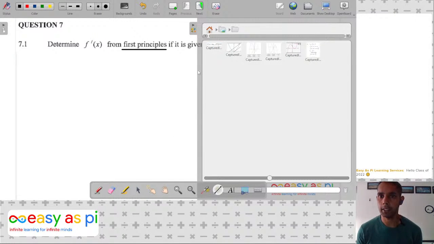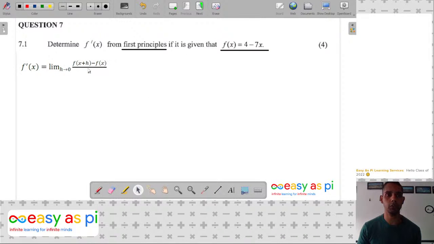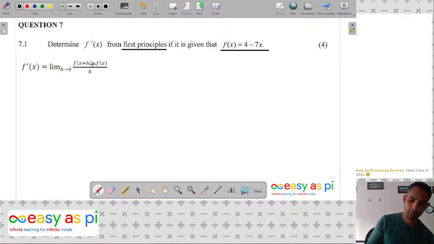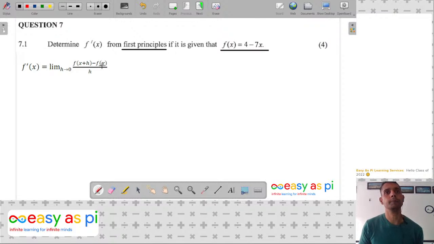If I bring out the formula, hopefully by now you should know that first principles uses this formula here. It's the limit as h tends to 0 of f of x plus h minus f of x all over h.